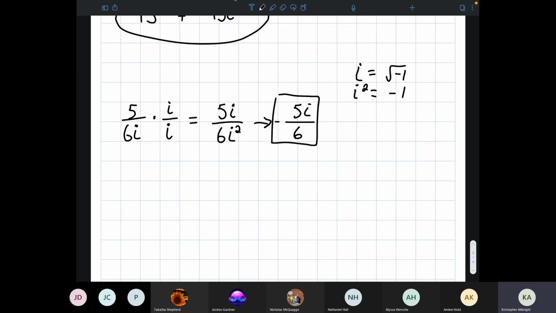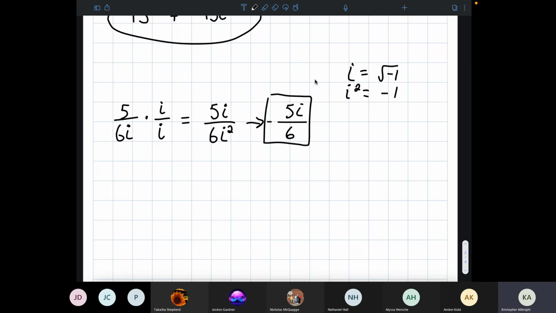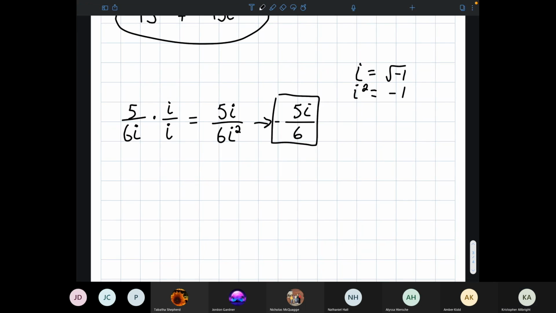If I can find my page. There we go. Okay. So we need to find the modulus of the complex number 3 minus 5i. I think this is number 9.